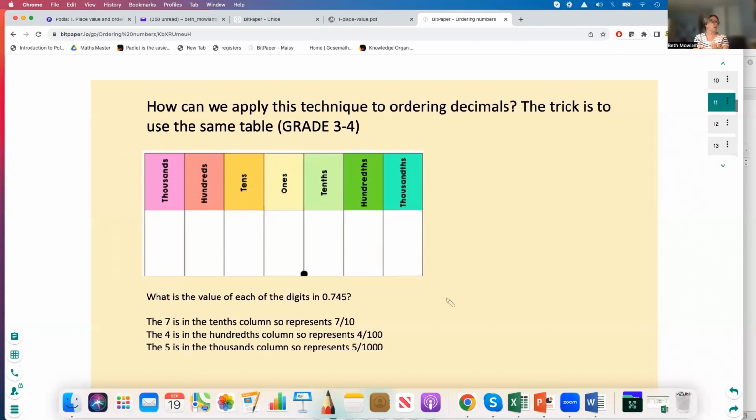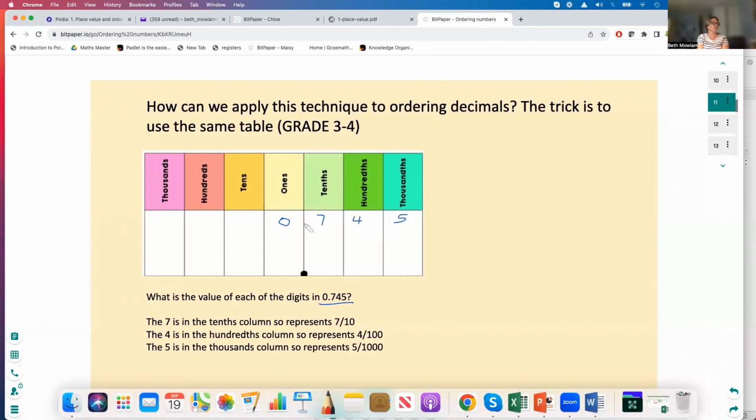So the first thing, let's look at how we can use our place value table to tell you the value of a number. I want to know the value of each digit in 0.745. So the first thing I'm going to write is 0.745.